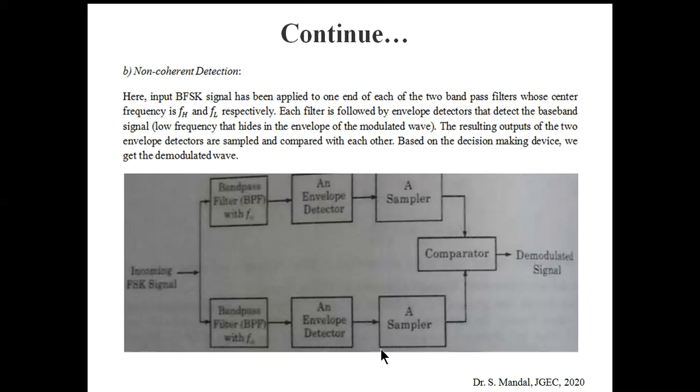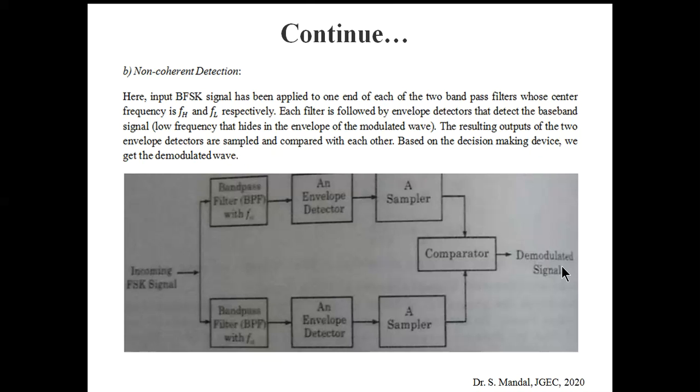Each filter is followed by an envelope detector that detects the low frequency baseband component hidden in the envelope of the modulated wave, and the outputs of these two envelope detectors are applied to samplers, and the output of the samplers goes to the comparator. Again, if this voltage level is greater than this, then obviously 1 will be detected, else 0 will be considered. Ultimately we get the demodulated binary sequence. So this is the non-coherent detection.